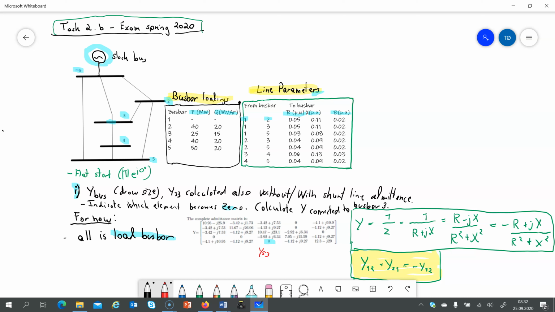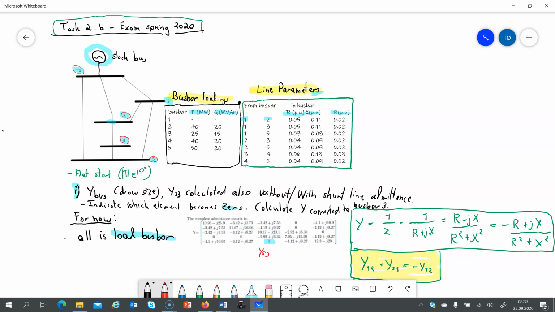As you see, this is bus 5, and there is no connection to 3, so it becomes 0. So you just go through, let's check the first row: 1, 2, 3, 4. There is no connection to 4, that's correct. And so on. You just go through and fill in the zeros.